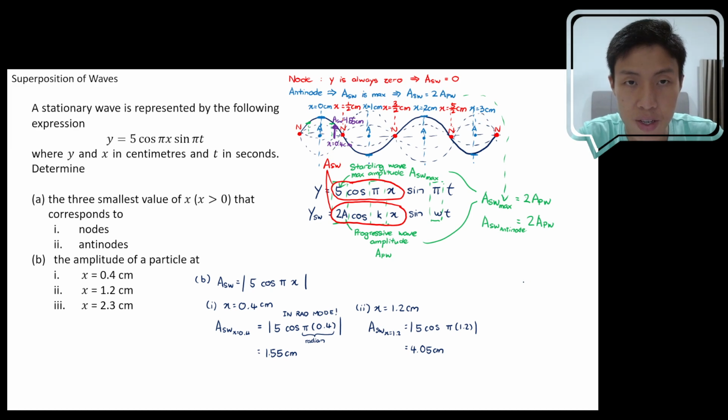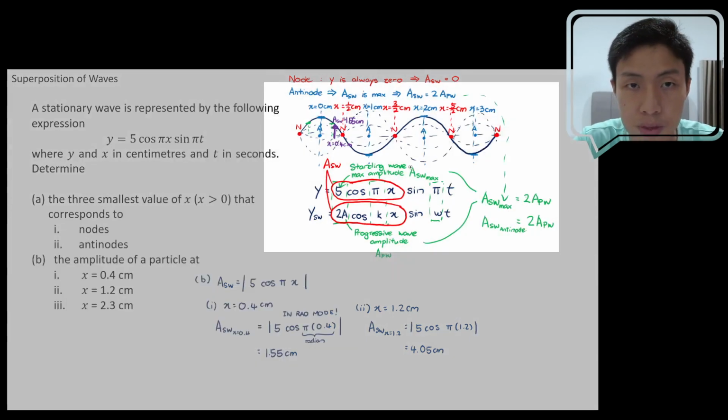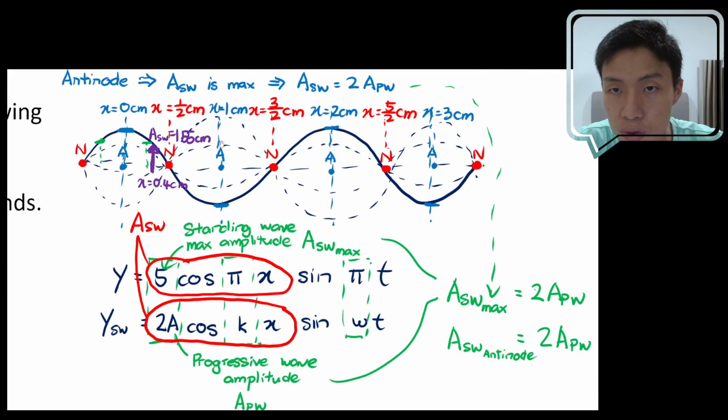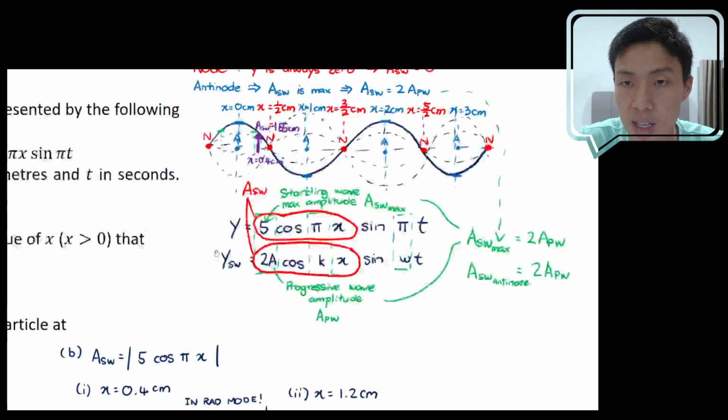Let's see whether it makes sense or not. Where is 1.2? 1.2 is between 1 and 1.5. This is 1, this is 1.5, and 1.2 is somewhere around here. So you can see that the amplitude is still quite a big amplitude.